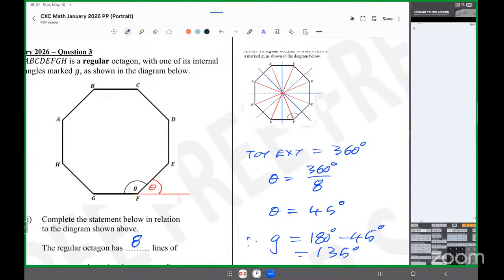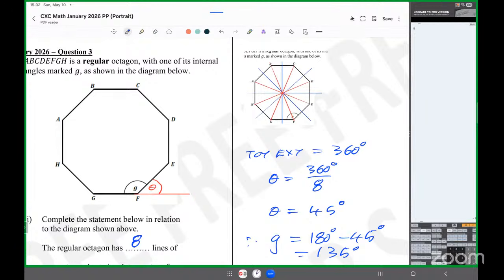But you can also work from the interior angle. A polygon can be divided into N minus 2 triangles, so the total interior angle is N minus 2 times 180. So this polygon can be divided into 6 triangles.